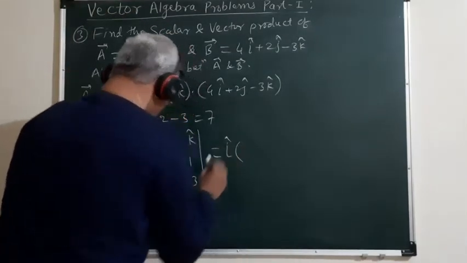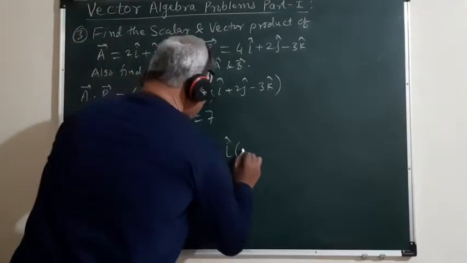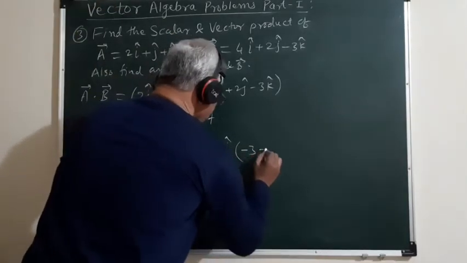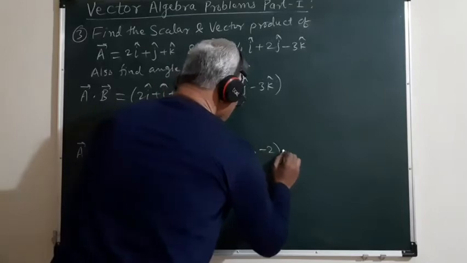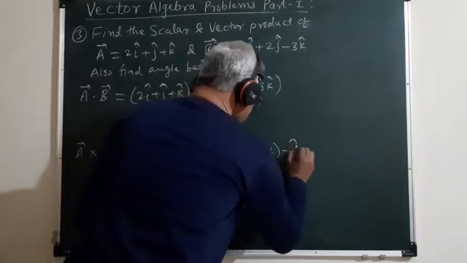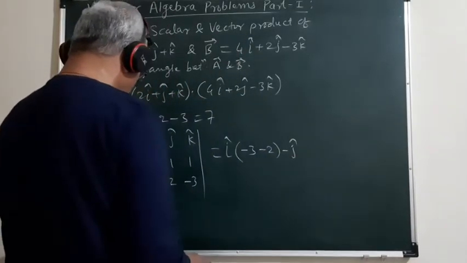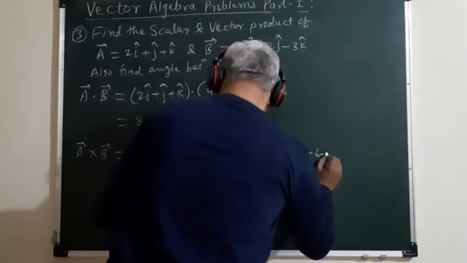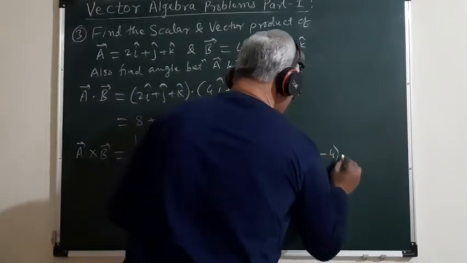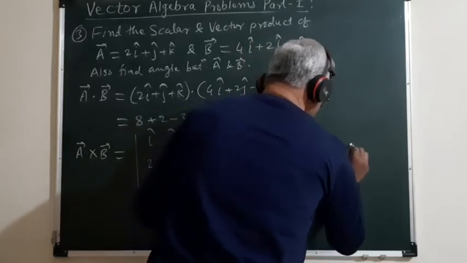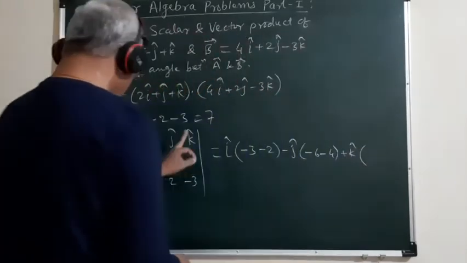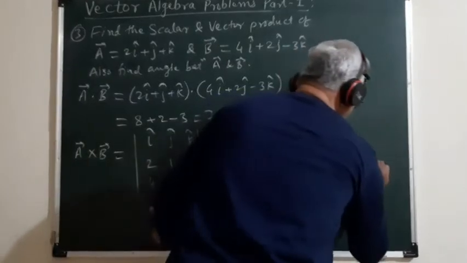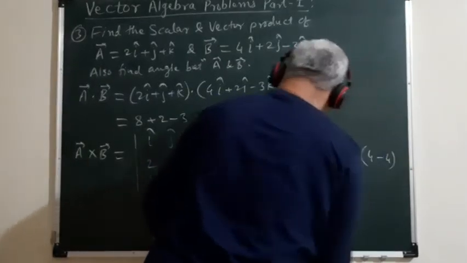So this is equal to i cap into bracket minus 3 minus 2, minus j cap into bracket minus 6 minus 4, plus k cap into bracket 4 minus 4.